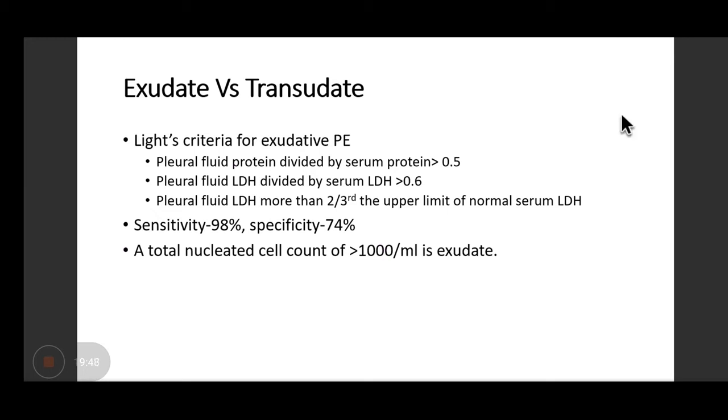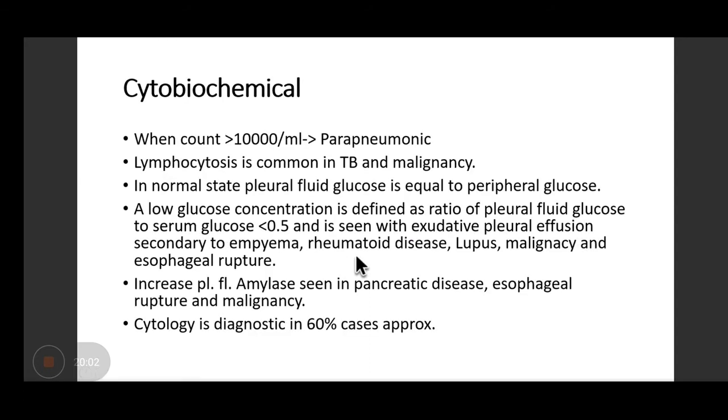This criteria has a very high sensitivity, 98% sensitivity. Also, a total nucleated cell count of more than 1000 per ml is taken as exudative type. When the count is more than 10,000 per ml, it is parapneumonic.